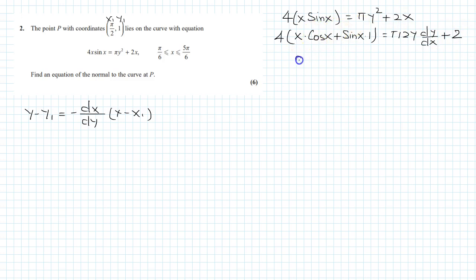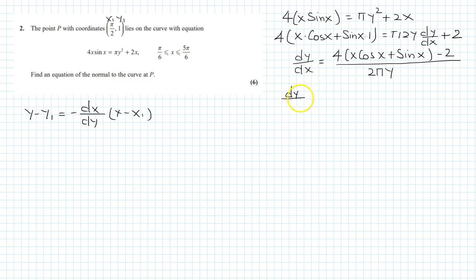So dy over dx is 4x cos x plus sin x minus 2, divided by 2 pi y. Now we have to find this dy over dx at pi over 2.